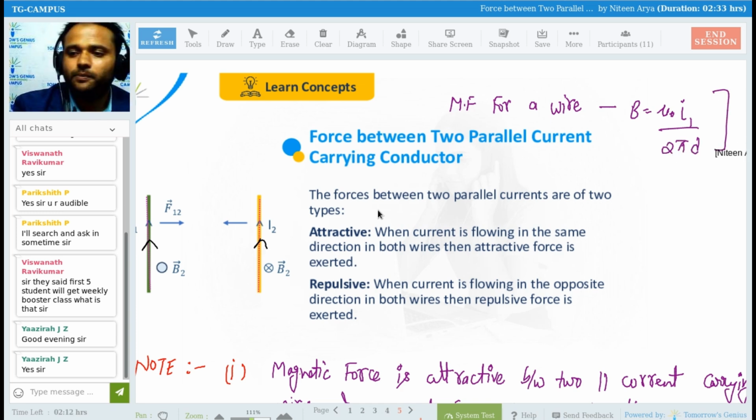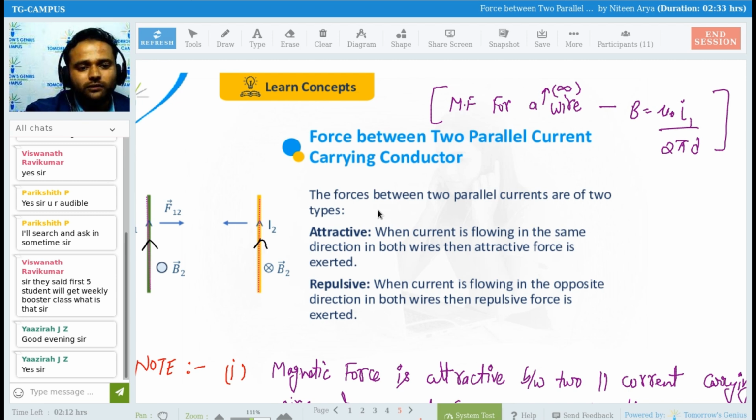You can check it out in the previous classes, I already derived this. That is the magnetic field for an infinite wire, for a very long wire. Is this clear, everyone? So this is your magnetic field B1 due to this particular I1. Is this clear till now? Just type yes or no.